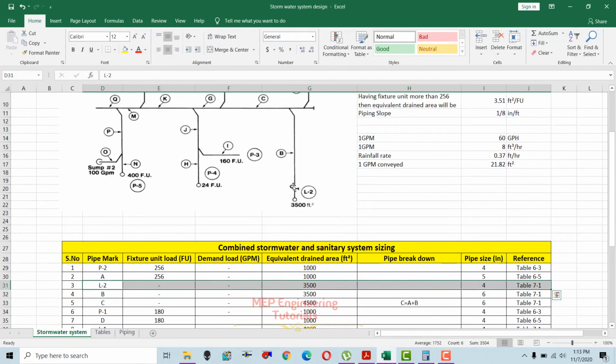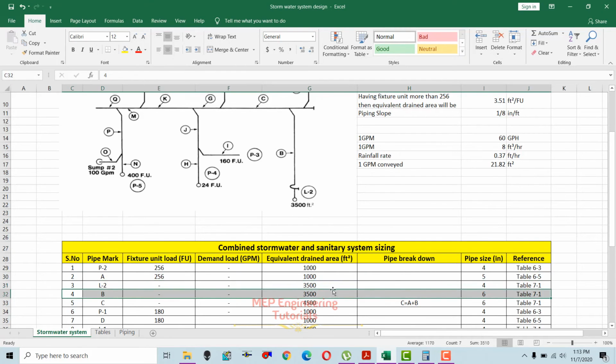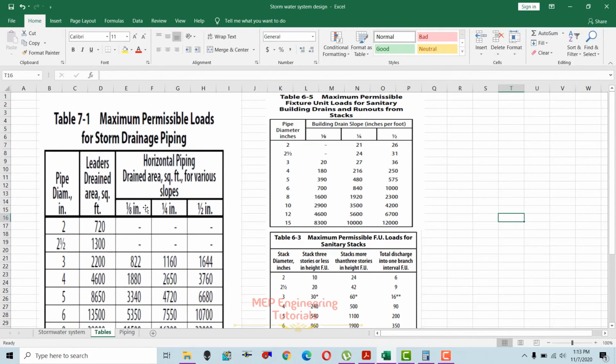After the trap, you see the horizontal pipe here. This is represented by B. So 3500 is the same equivalent drained area at this point. We have to get the size from the same table 7-1. But this time we have to use the 1/8 inch per foot slope column, because this is the horizontal piping drained area for the various slopes.